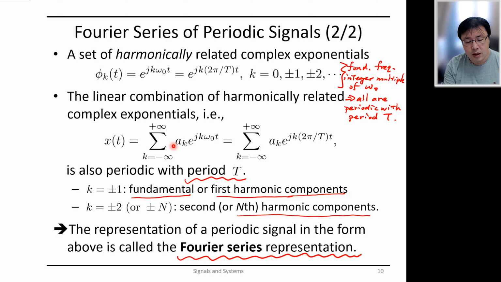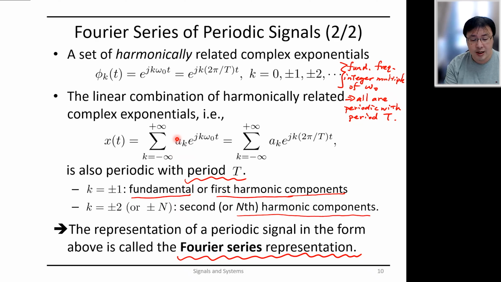By choosing different choices of these linear combining coefficients, you can construct all different kinds of signals x of t. The set of these linear combinations is uncountably infinite.